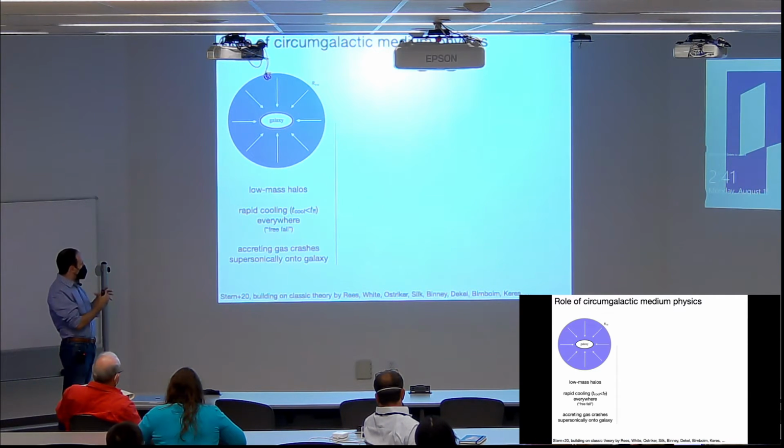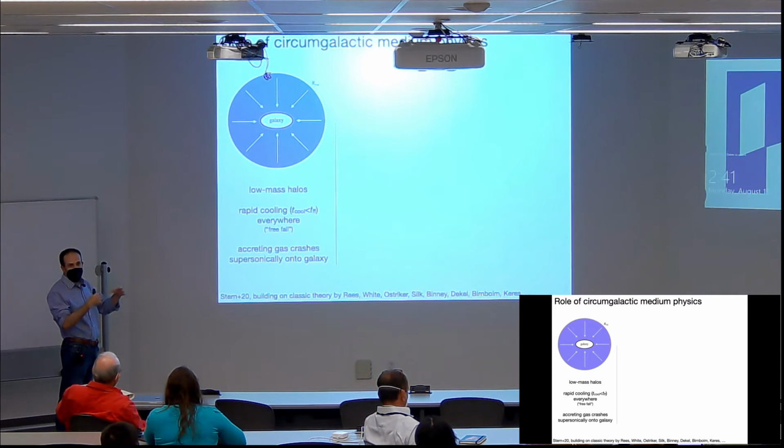So cosmologically, when dark matter halos grow, they evolve from a first regime which we might call rapidly cooling, in the sense that the cooling time of the gas is everywhere shorter than a local freefall time.